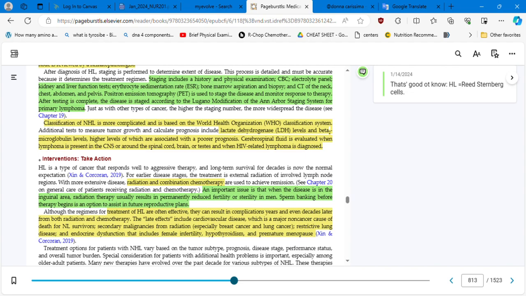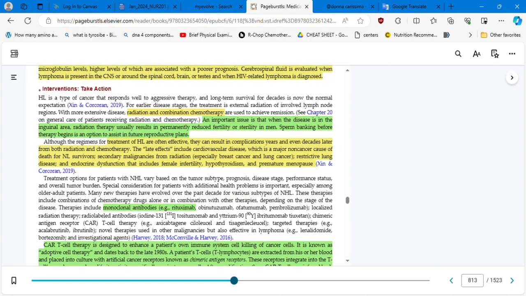Cerebrospinal fluid, for me, this is the key to diagnose the NHL, is evaluated when lymphoma is present in the central nervous system or around the spinal cord, brain, or testes, and when HIV-related lymphoma is diagnosed.